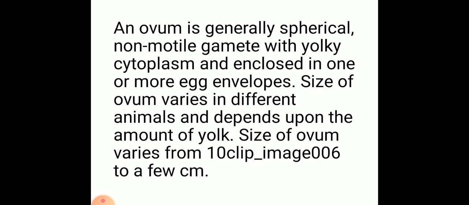Already I have told you there are 3 envelopes of the egg. The size of the ovum varies in different animals. It is species dependent and depends upon the amount of yolk.